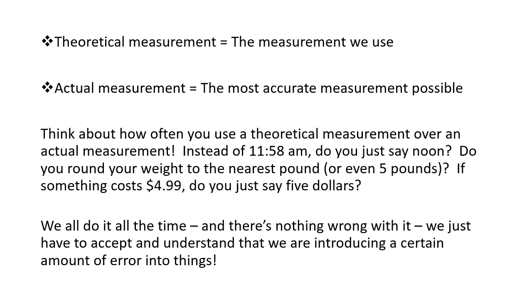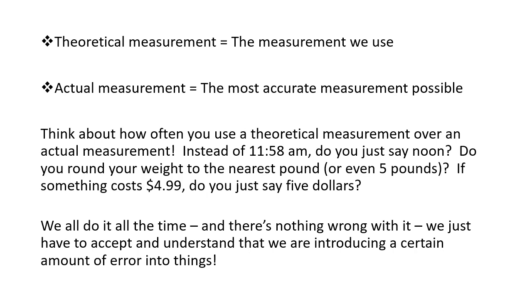So there's two terms that we do need to define in this section, and that's the theoretical measurement and the actual measurement. So in the previous example with my age, the theoretical measurement would be just the number of years that I would claim to be and just say as my age. It's the measurement that we use. It's a little weird to talk about this as theoretical because it is my age, but I guess calling it the inaccurate measurement doesn't really work.